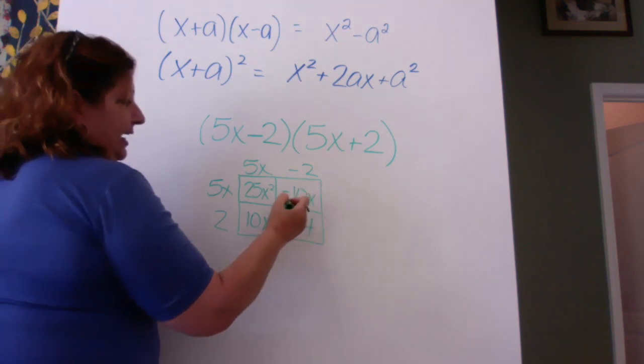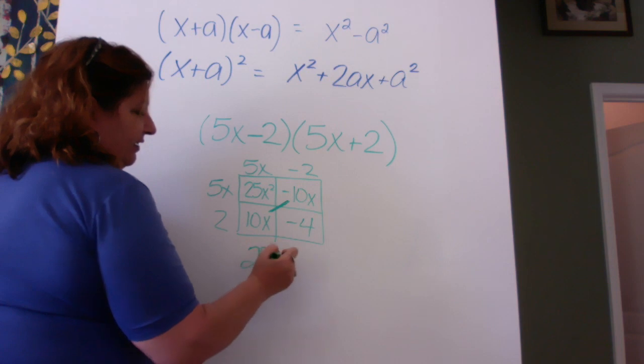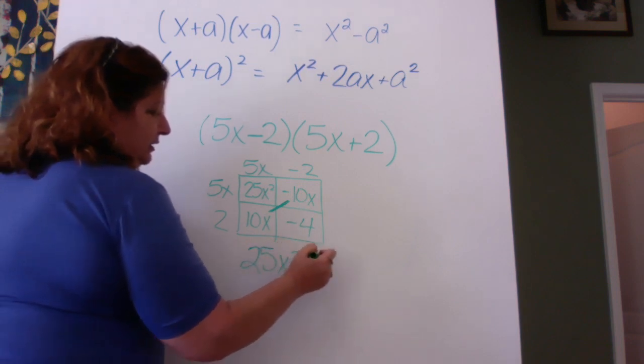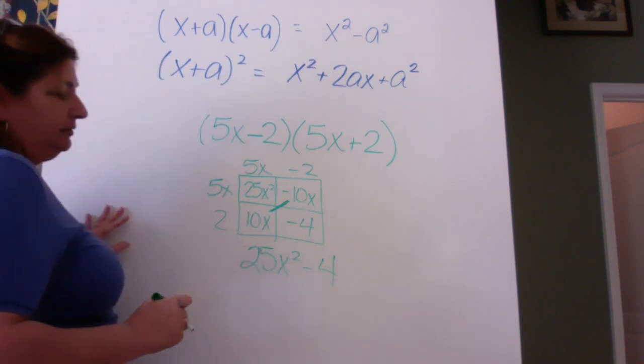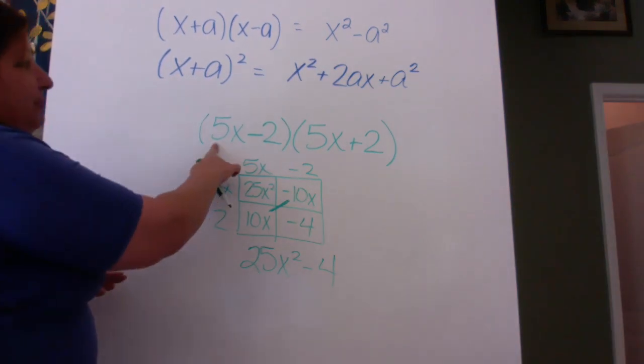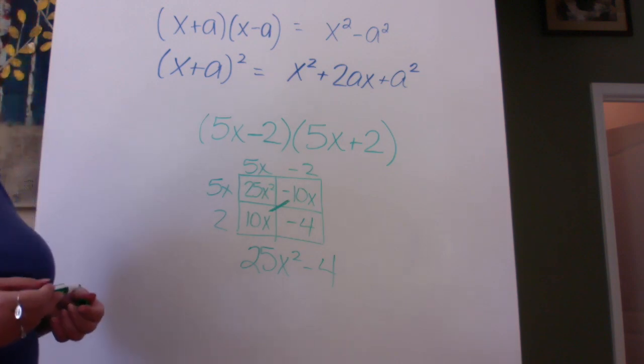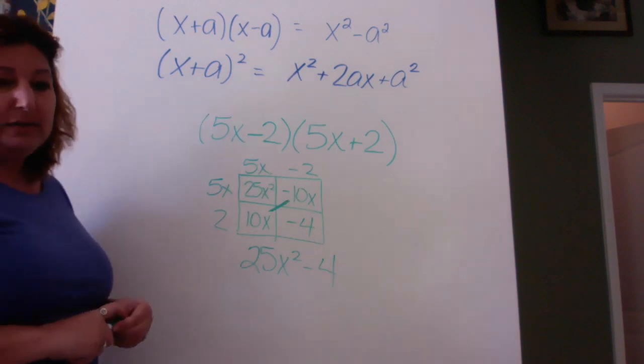I can see right now these two are going to cancel each other out. So I'm looking at 25x squared minus 4. Same process. I just have a number in front of the x now, and I have to multiply not only the coefficients, but the variables also.